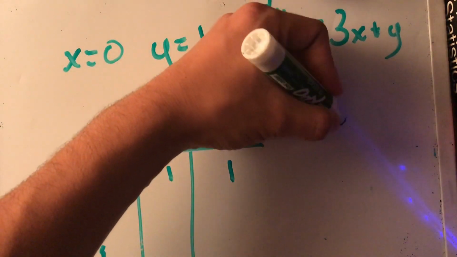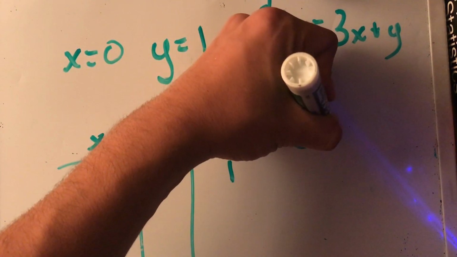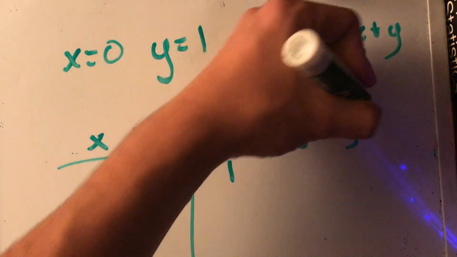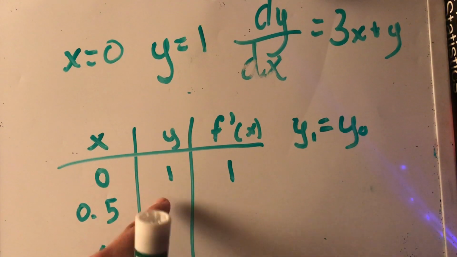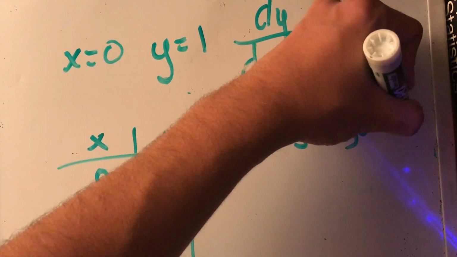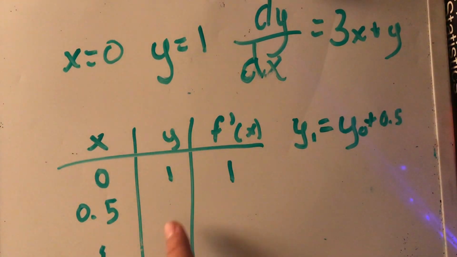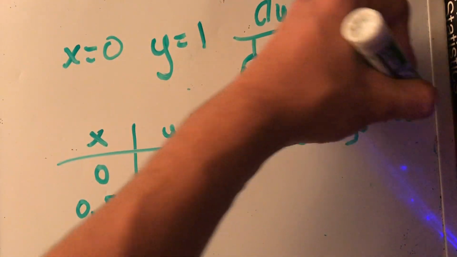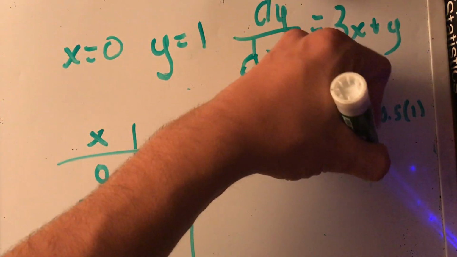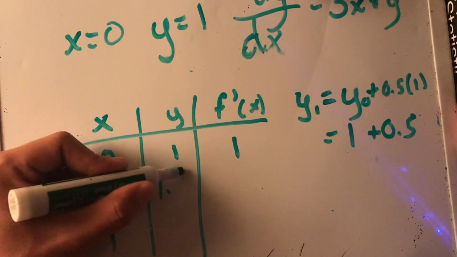Then we have this equation: the next value of y, which we'll call y sub 1, is equal to the existing y value, y naught, the original y value, plus our step size, 0.5, times the derivative. The derivative at this point is 1, so 0.5 times 1 is 0.5. So our next y value is 1 plus 0.5, which is 1.5.